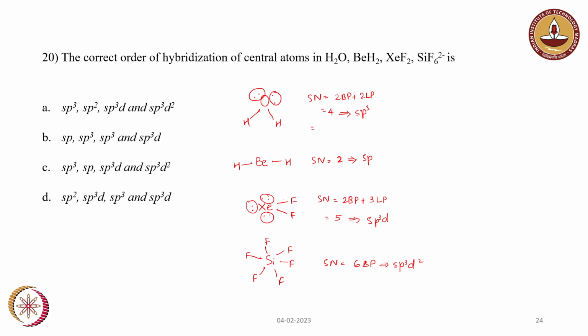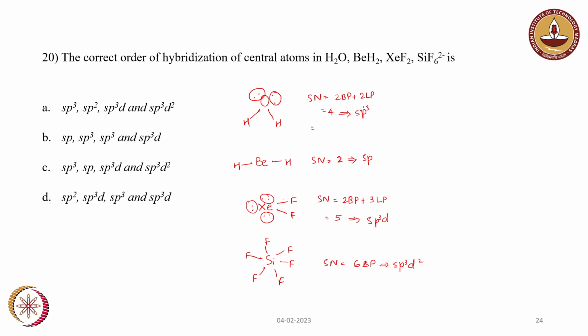Next one is correct order of hybridization of central atoms in water, BeH2, XeF2, and SiF6 2 minus. So first we calculate the steric number for water. So there are 2 lone pairs and 2 bond pairs. So steric number is 4.